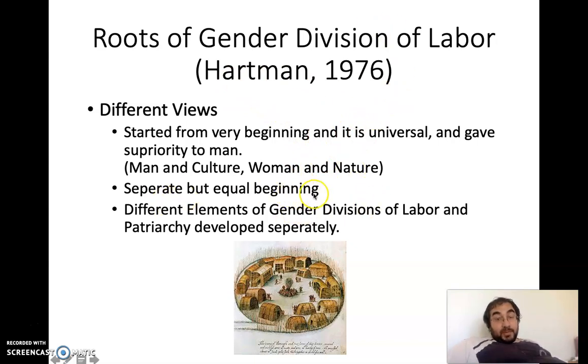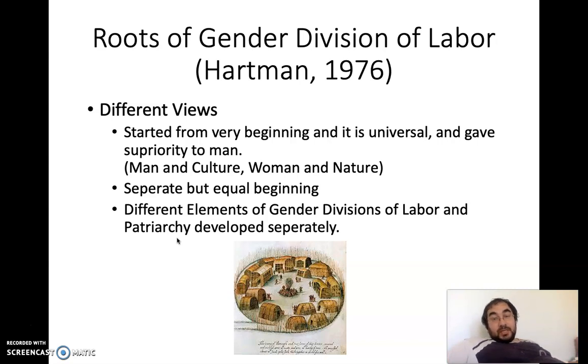Again, separate but equal beginning, different roles, but they had equal importance. And the third one is basically that gender division of labor and patriarchy were semi-dependent, but the different factors that strengthen gender division of labor and patriarchy have developed separately, and maybe then they have interconnected with each other.